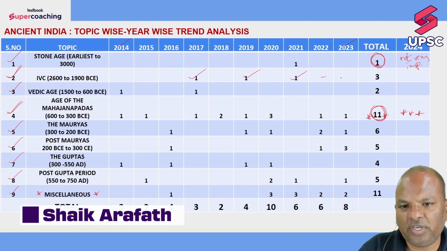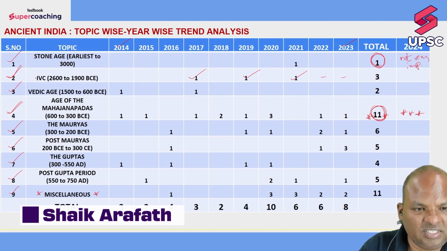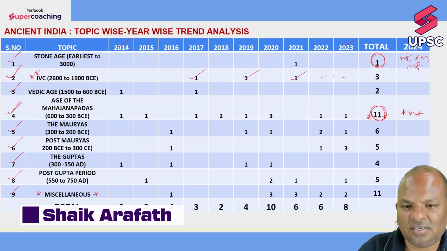In the last 2 years, not a single question came from this chapter. Since Indus Valley is a very important topic, and since there were no questions in the last 2 years' prelims, there is every possibility that UPSC may end up asking a question this year from this topic. That is, in 2024 prelims, you can expect a question from Indus Valley Civilization, because the topic itself is very important.